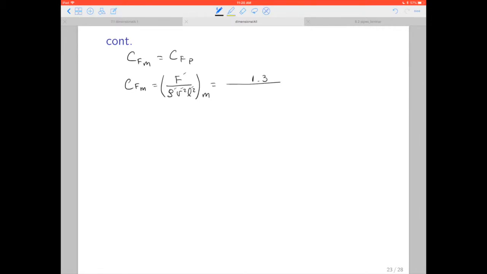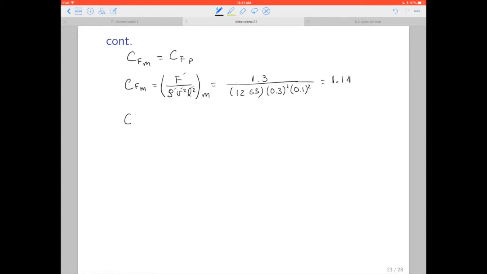So this is basically force of 1.3 newtons divided by 1263, which is the density, multiplied by the velocity, which was given as 0.3, squared, and the length, which is 10 centimeters, squared. So this will give us a value of 1.14.